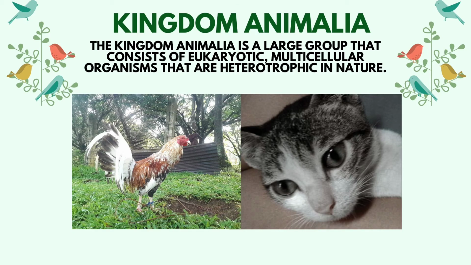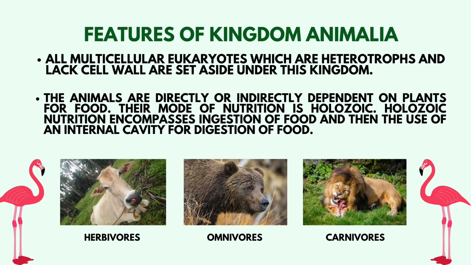Kingdom Animalia. The Kingdom Animalia is a large group that consists of eukaryotic, multicellular organisms that are heterotrophic in nature. The following are the features of Kingdom Animalia. All multicellular eukaryotes which are heterotrophs and lack cell wall are set aside under this kingdom.